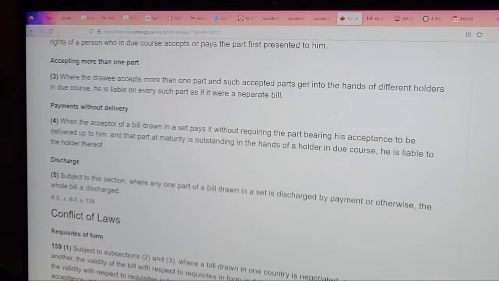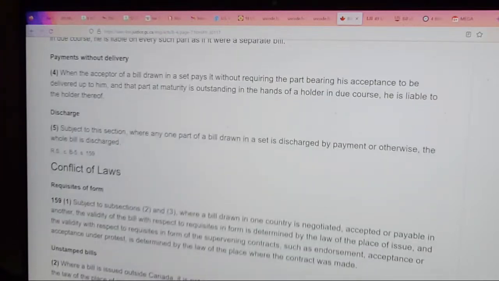Accepting more than one part. 3. Where the drawee accepts more than one part and such accepted parts get into the hands of different holders in due course, he is liable on every such part as if it were a separate bill. Payments without delivery. 4.